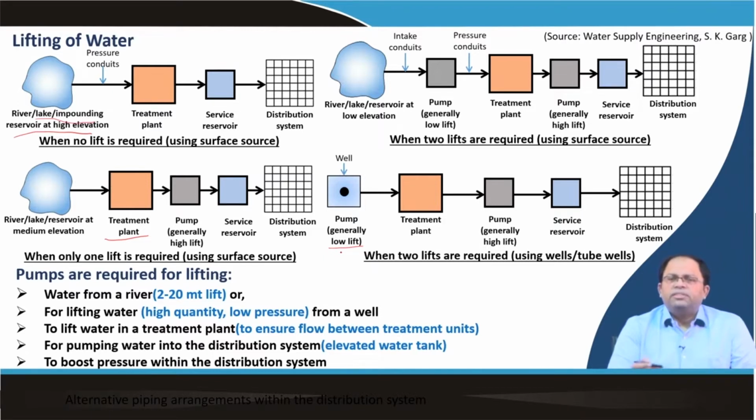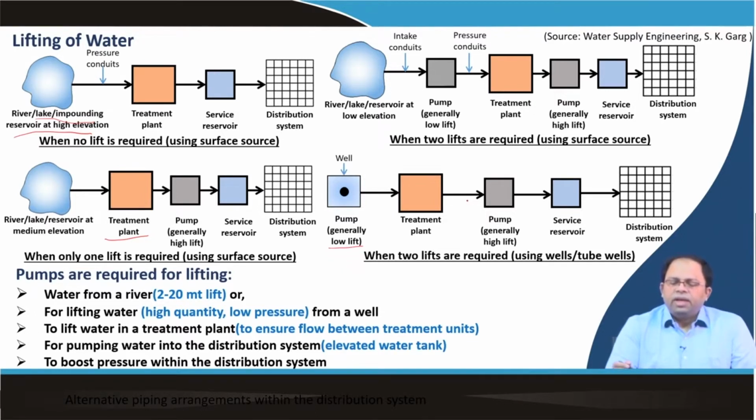So, we call it a low lift pump, and from there the water is sent to the treatment plant, because again the treatment plant is at ground level. Usually the treatment plant is nearby, and once we have sent the water, from there again we have to lift the water to a service reservoir using a high lift pump. So, the rest of the system is more or less similar.